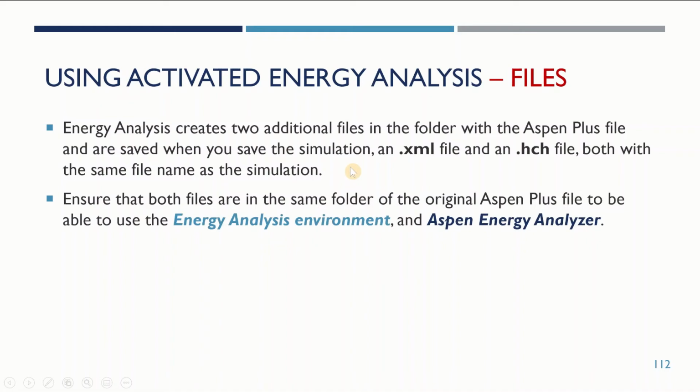When you reload the simulation, ASPEN Plus looks for these files. So you need to make sure that both files are in the same folder as the original ASPEN Plus file to be able to use the energy analysis environment as well as the ASPEN Energy Analyzer.